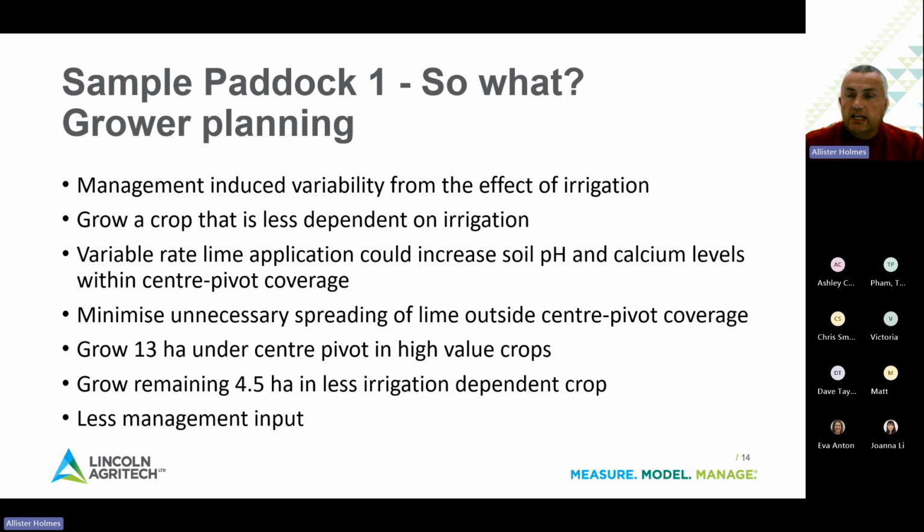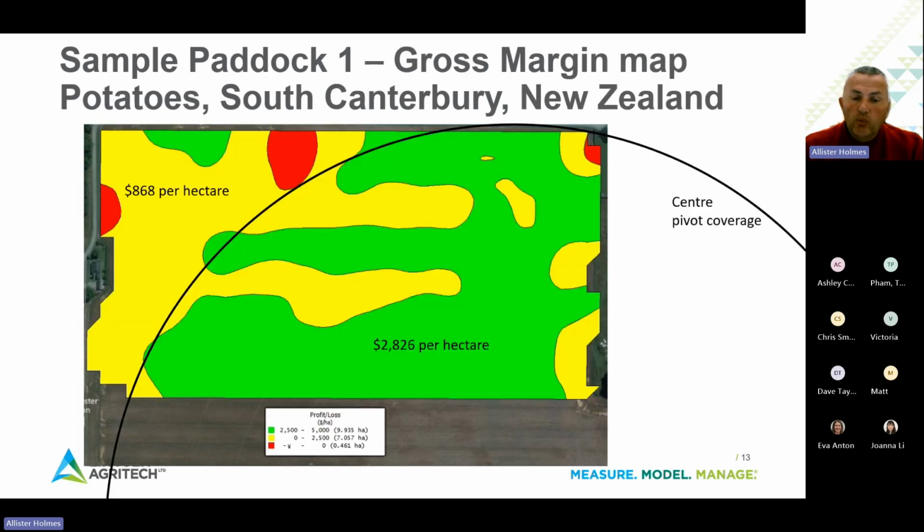So in this specific case, the grower decided that when they grew that paddock next in potatoes, I'll go back a slide here, they would not grow the area outside the pivot in potatoes, but would either grow it in a dryland grain crop like barley, or they would just grow ryegrass hay there and harvest it alongside another crop in an adjacent paddock.